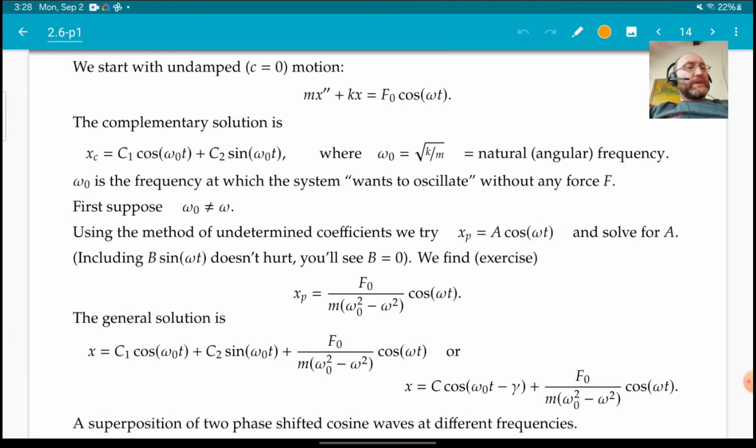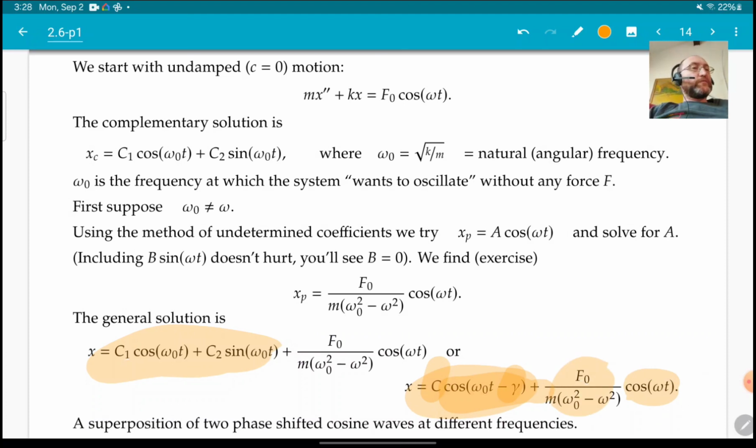Now we could also write it another way. If you remember, we could rewrite this complementary solution as this, right? And so then we would just have some constant, some amplitude times this cosine wave, which is shifted by gamma, and this cosine wave of this amplitude.